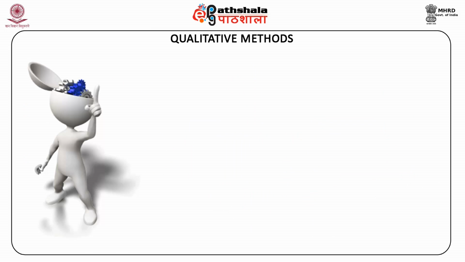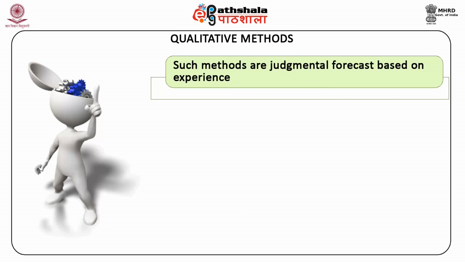The first one is the qualitative methods. Such methods are judgmental forecasts based on experience and judgment and not on a mathematical or statistical approach. The experts put in efforts to convert the qualitative facts and figures into quantitative figures.